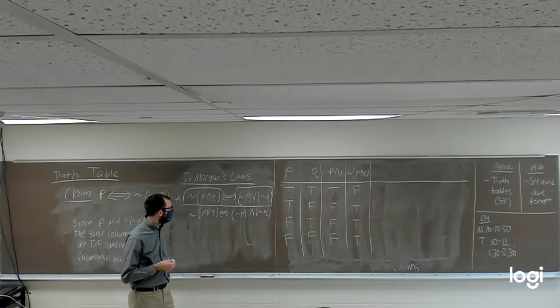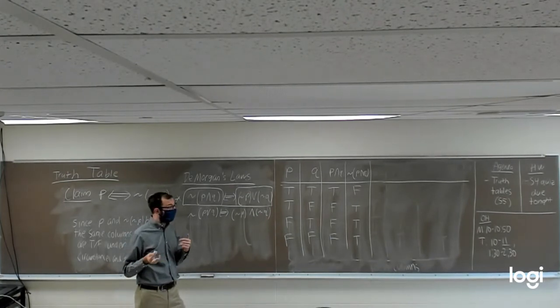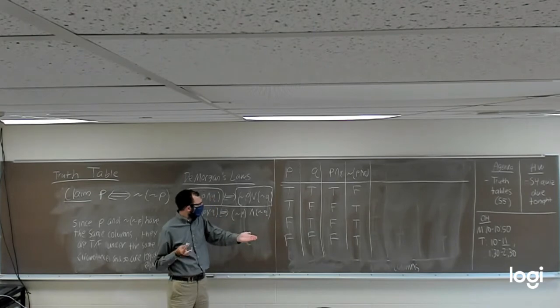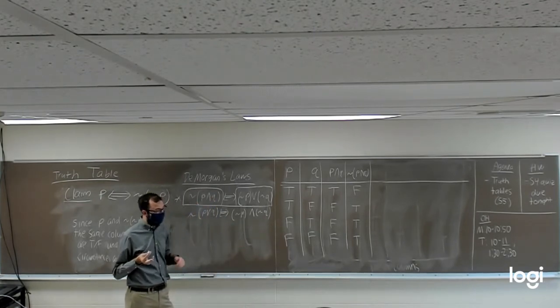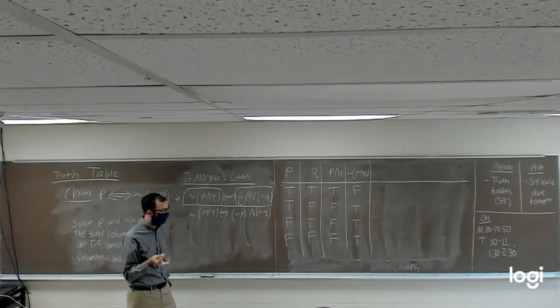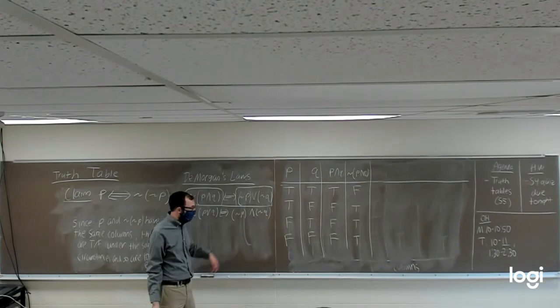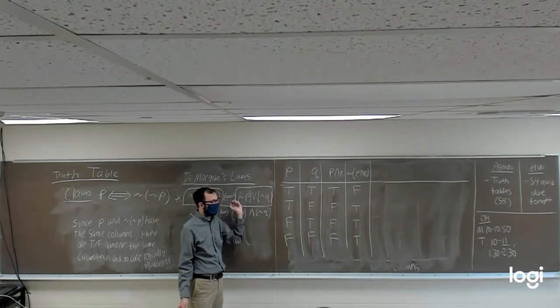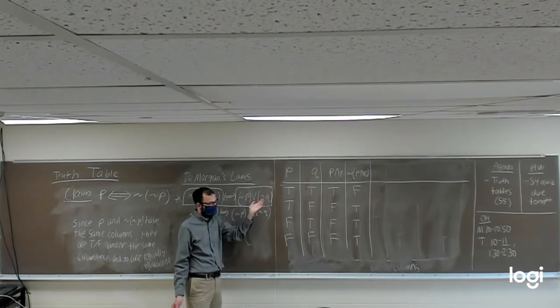P or Q? I don't necessarily think P or Q is going to be helpful, because we're not ever going to be using the statement P or Q. I like the way you're thinking there, but I don't think that specific one would be individually useful. Not P on its own and not Q on its own. I think not P and not Q individually are going to be useful, because they are individually parts of this compound statement, whereas P or Q doesn't really come into play at all.